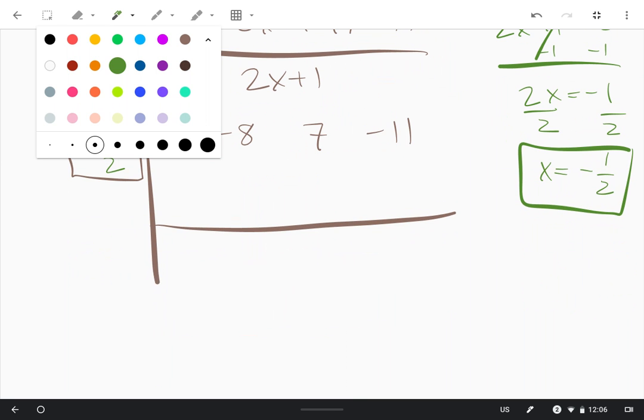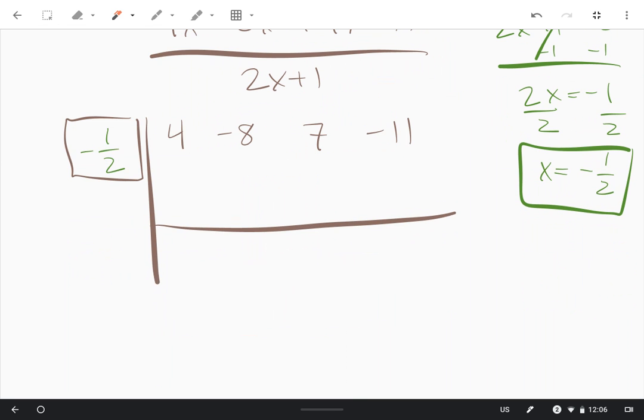So when we do this, again, I'm going to bring down 4. -1/2 times 4 is -2. That makes -10. -1/2 times -10 is +5. That makes 12. -1/2 times 12 makes -6, which makes -17.